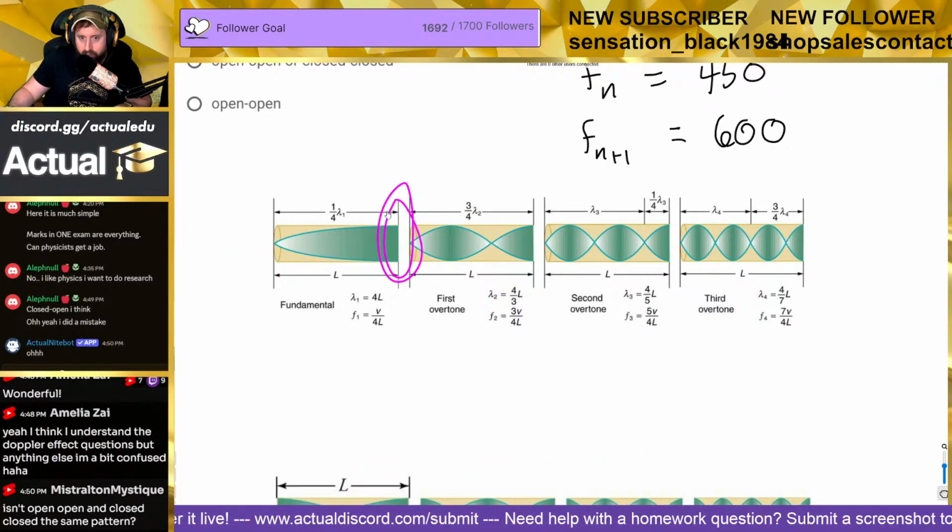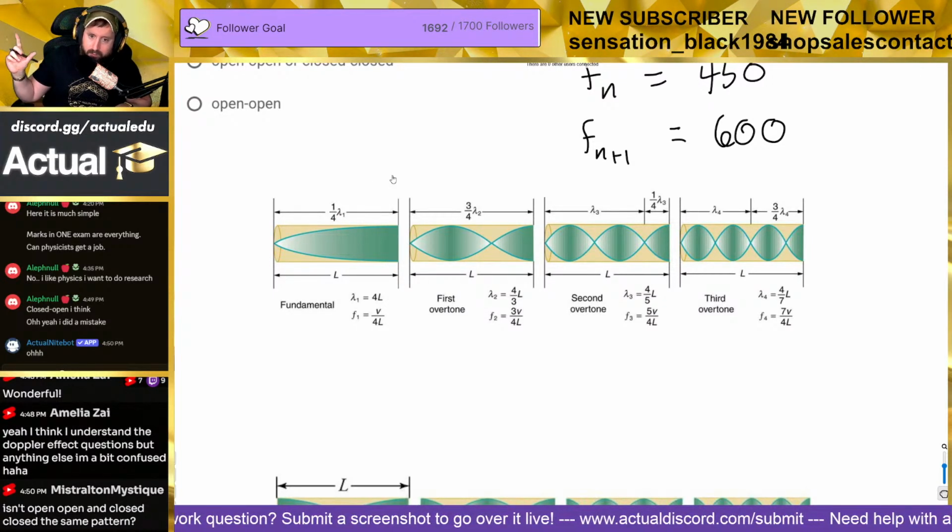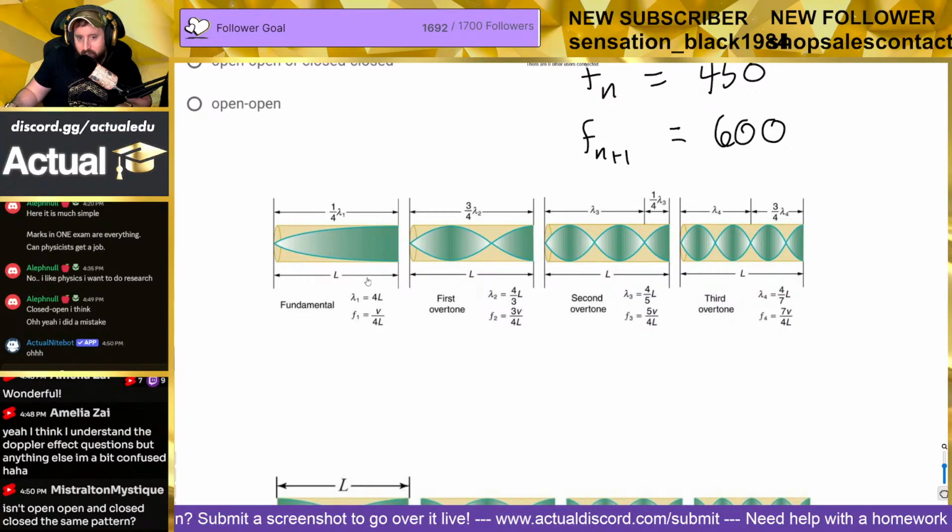So this is open on this side, closed on this side. The largest wavelength of wave you can fit is where the wavelength is 4 times the length. Or more so that only a quarter of a full wavelength fits inside of the cavity here.